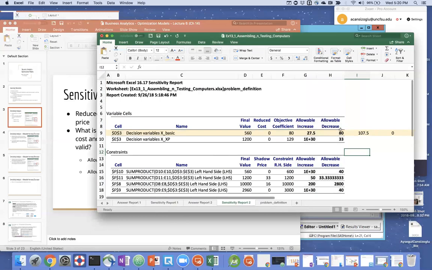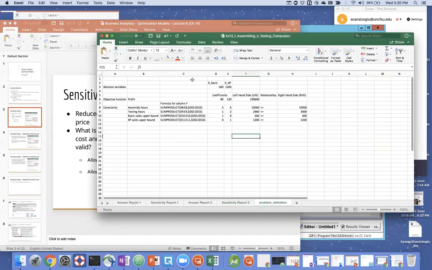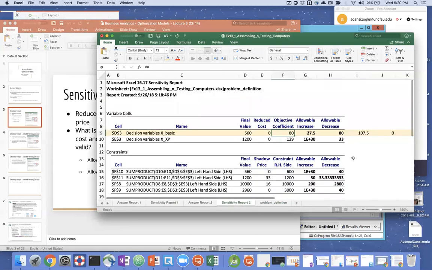What it tells me is that if I decrease the objective coefficient from 80 to 50, I should have a very similar optimal solution. So instead of 80, let's change it to 50 and solve the problem, because according to the sensitivity report I can increase up to 27.5 and decrease by 80.